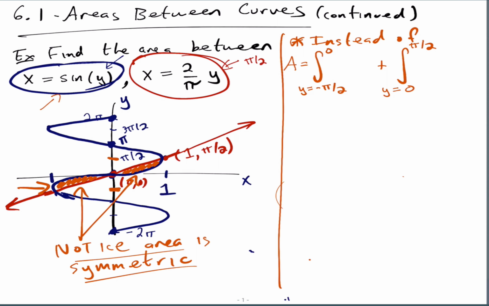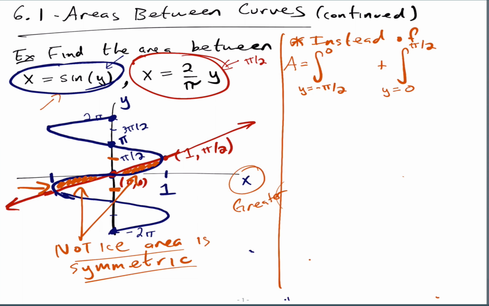Remember, it's the greater minus the lesser. In this case, where's the greater? Sine of what? No. So you want to look at it as, since the values of the function are the x values, where are the greater values?